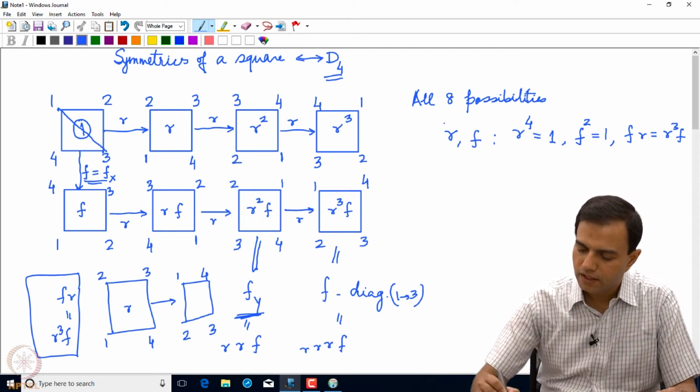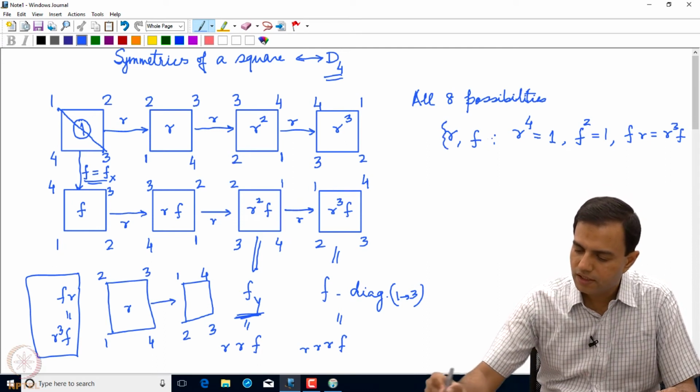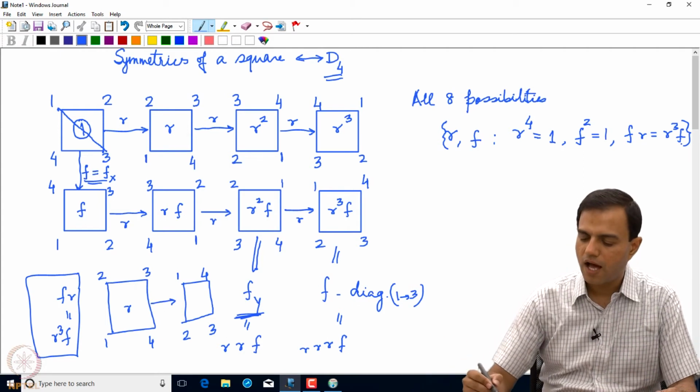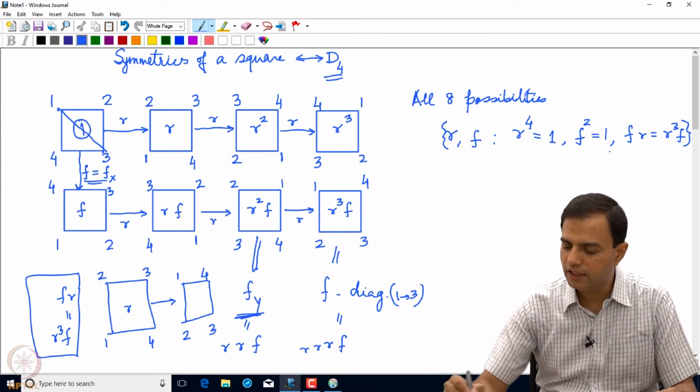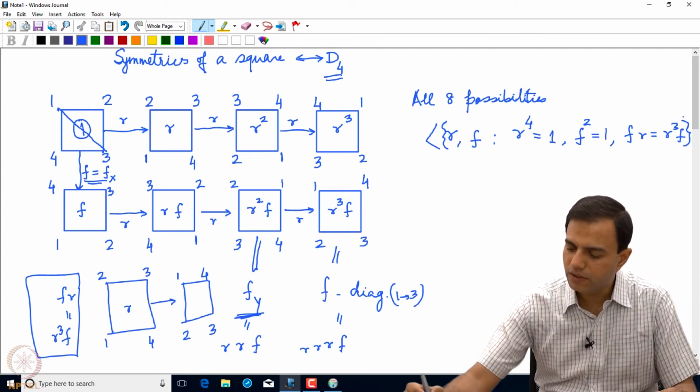So you have this r, f, and conditions are these. So notation goes like this.